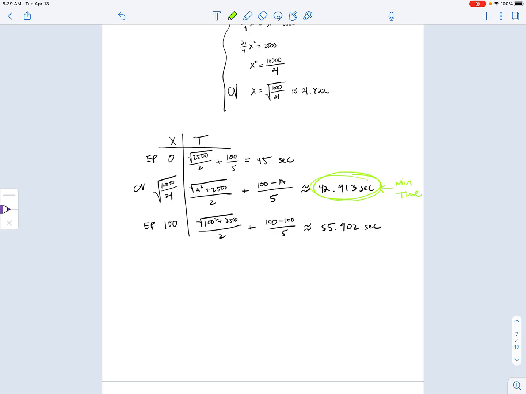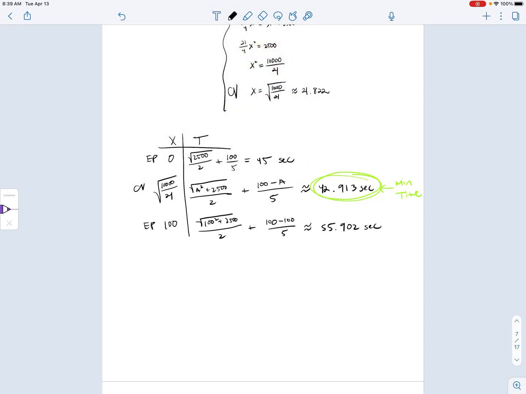And the question is asking toward what point on the opposite side of the river should Jill swim in order to minimize her total time? Well, we can use the approximation of our critical value, the 21.822 meters, to describe the point she's going to swim to.